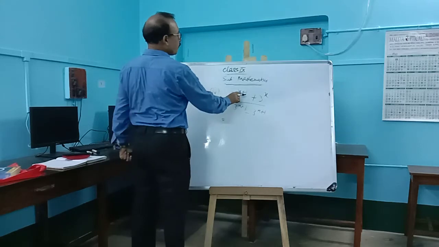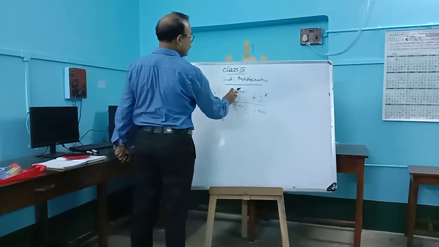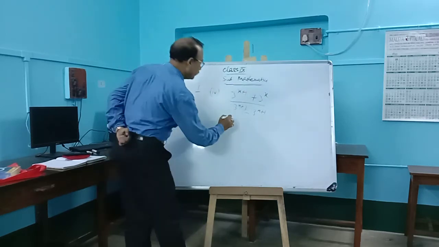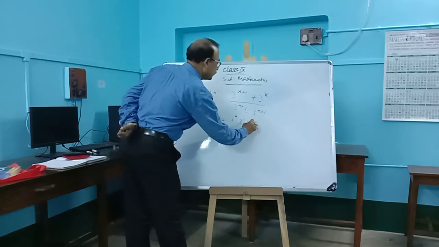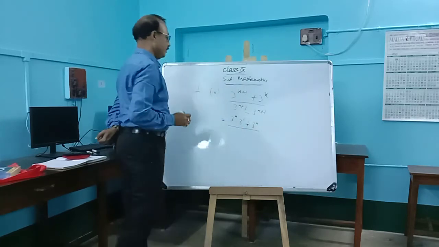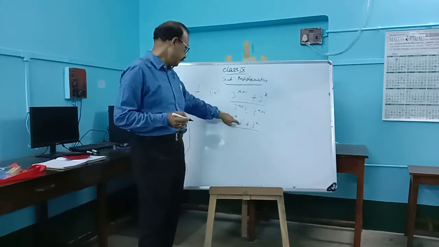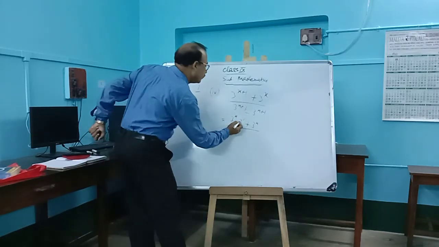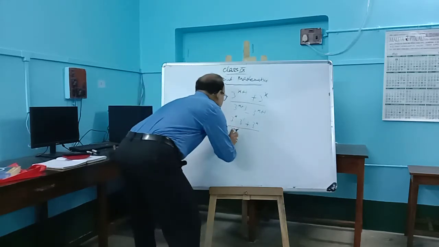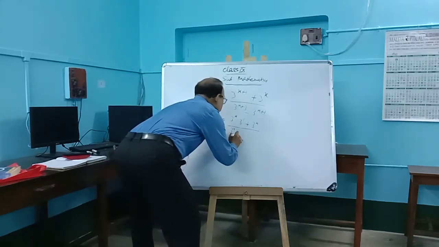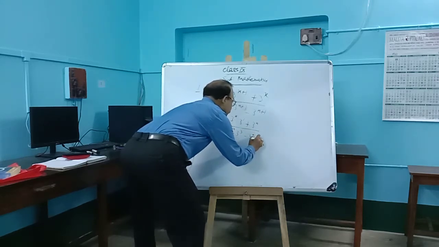In the case of plus in the power, we separate the base: 3 to the x into 3 to the 1, plus 3 to the x, by 3 to the x into 3 to the 3, minus 3 to the x into 3 to the 1.